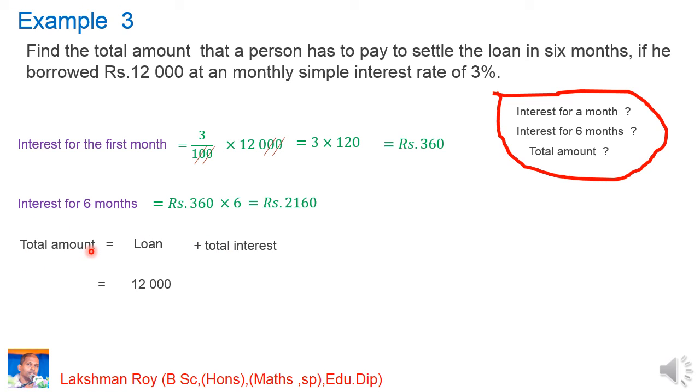The loan is 12,000 rupees, the total interest we found is 2,160. If you add those two, you easily get 14,160 rupees. So that is the total amount.